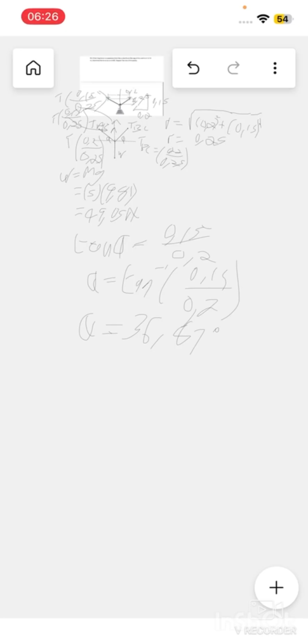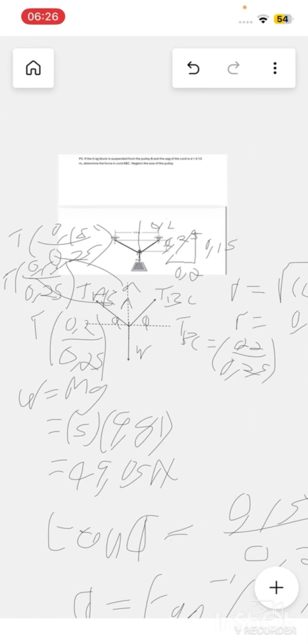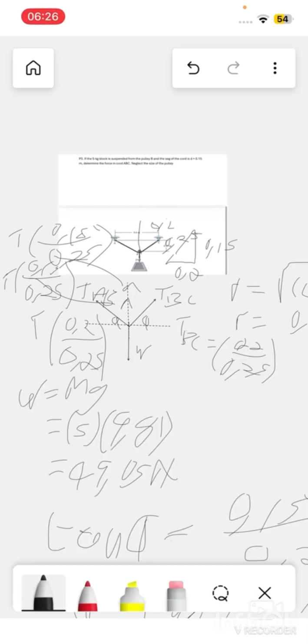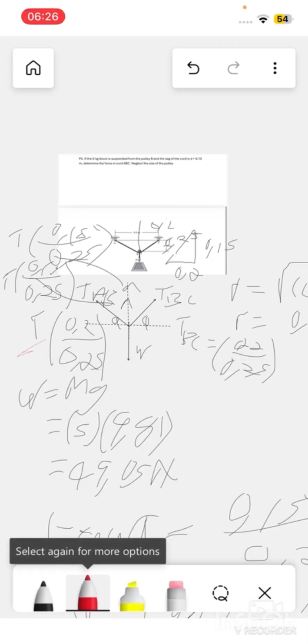For the horizontal forces, let's zoom in. The horizontal force is this force and this force. Let me highlight it. Therefore, they're going to subtract because one has to take one direction, which is positive, and the other has to take the other direction, which is negative.